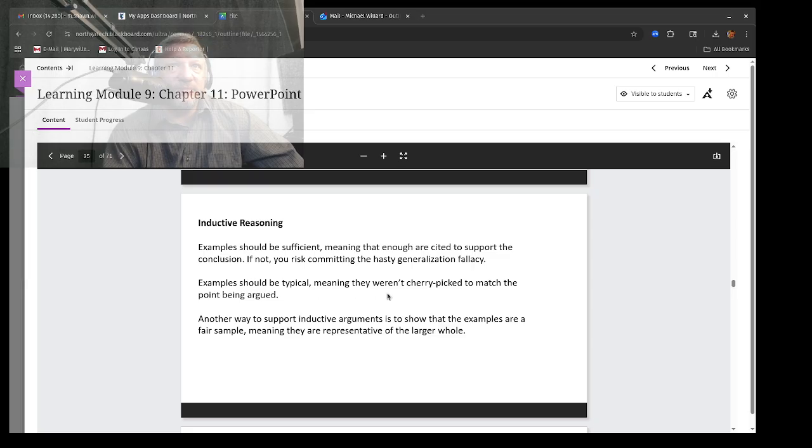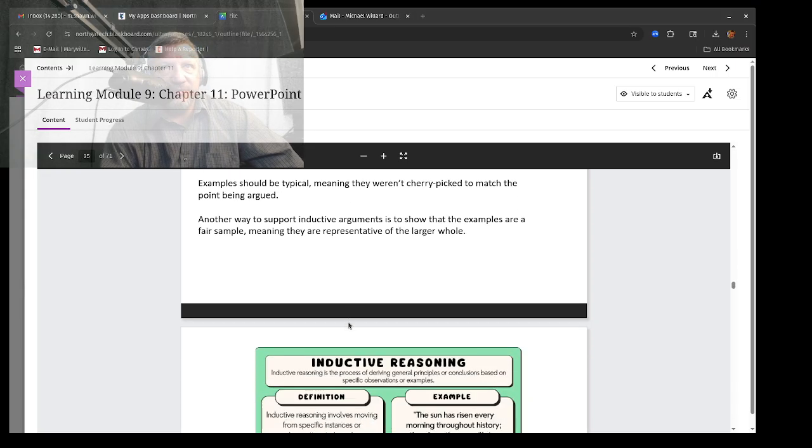Sometimes we cherry pick. For those who don't know what cherry picking is, we're picking specific examples of something to create an argument that only suits our conclusion to the persuasion message, right? And audiences see through cherry picking.